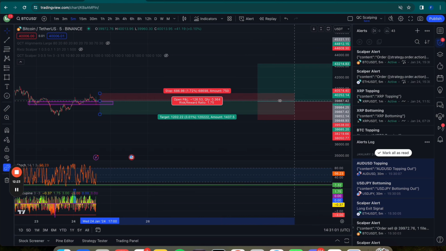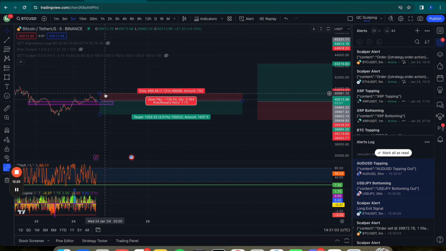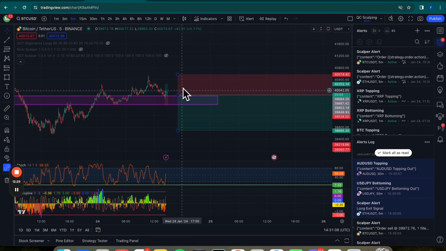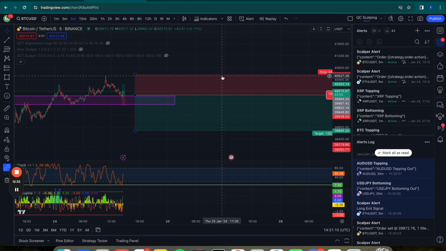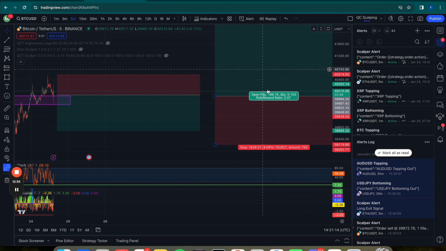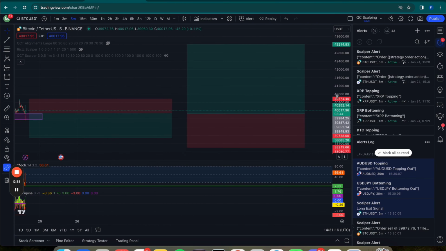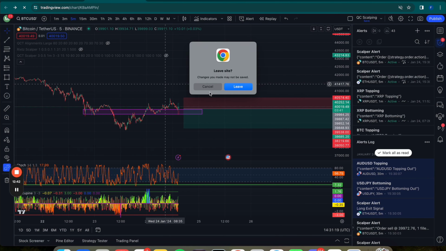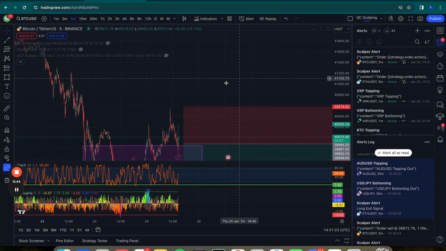So we have our long, which is playing into our stop loss area, or our losing area of our short. Then we have our short, which is playing into our losing area of our long, and then we have our long, right? And the good part is that we are profiting.